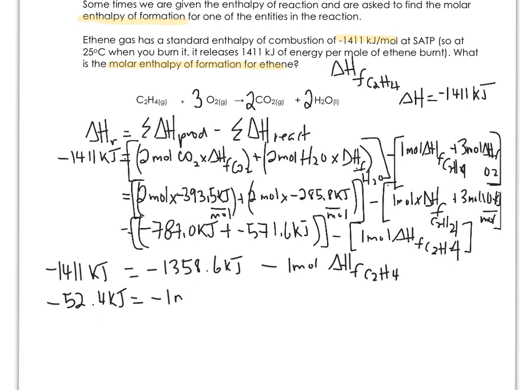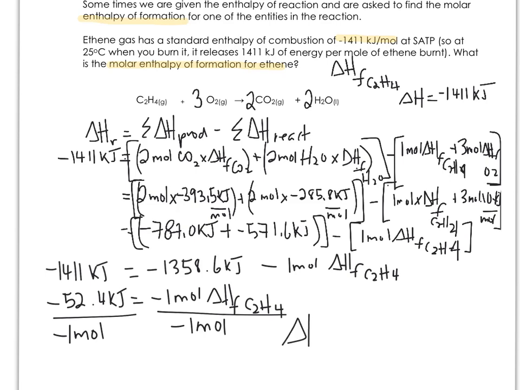And that's equal to negative 1 mole times delta HF of C2H4. Divide both sides by 1 mole, and it's a negative because we want our enthalpy of formation to be positive. So delta H formation of C2H4 ethene is 52.4 kilojoules per mole. These ones cancel.